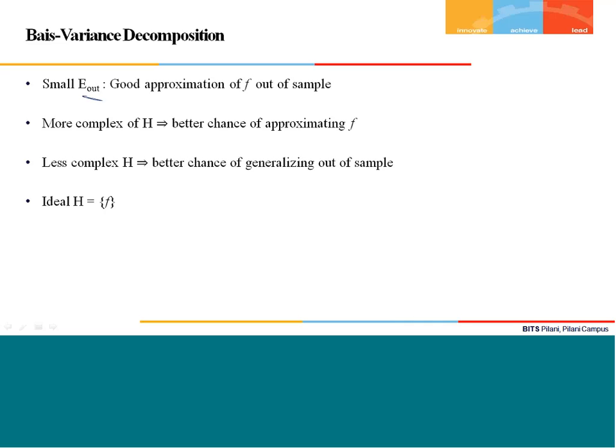So for example, this is the data that is given to you and you are approximating some function. Let's say somebody comes and gives you this function, and this was the true function.